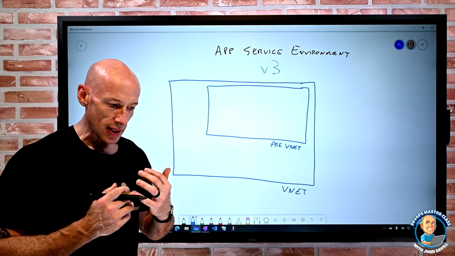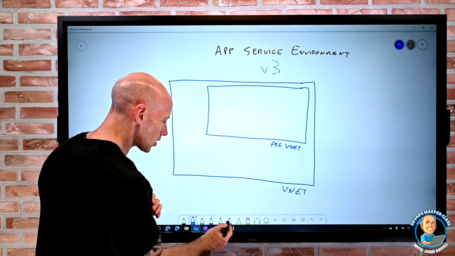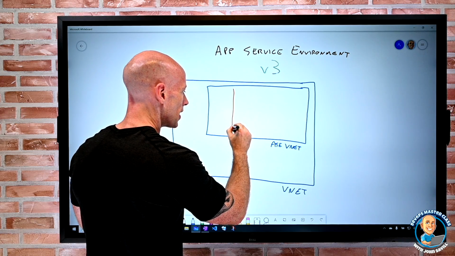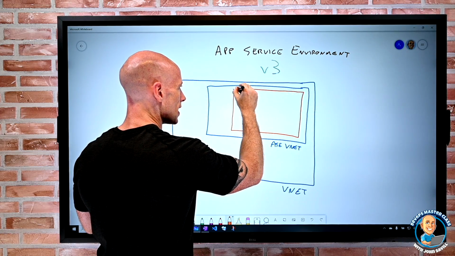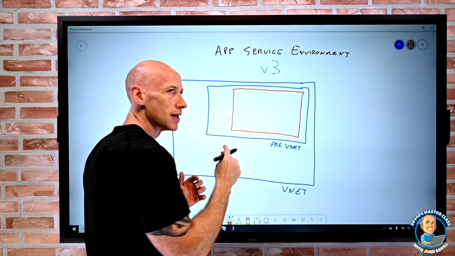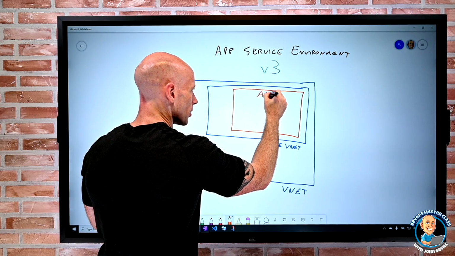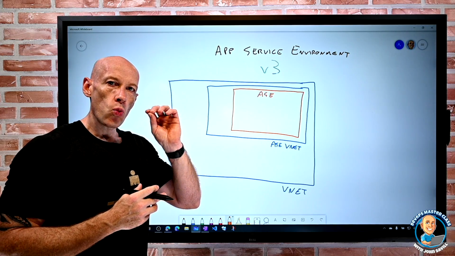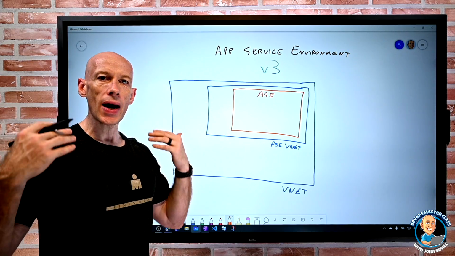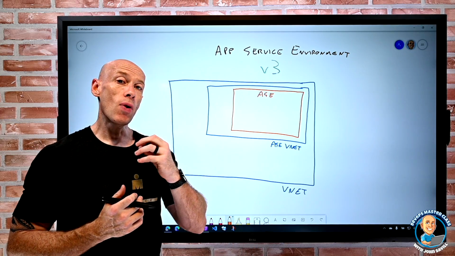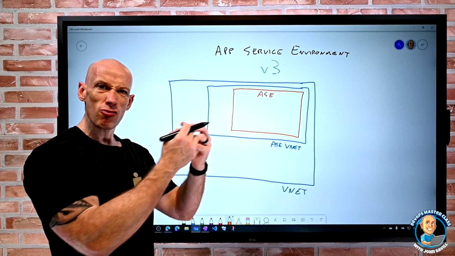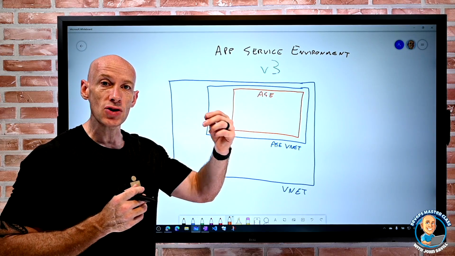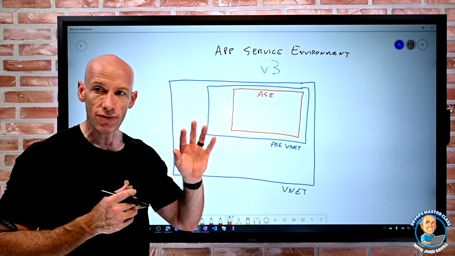Now the way this works is I am going to go ahead and create my ASE. So my ASE is going to live in here. And we're going to talk about some of the components in a second. But within there, this is my app service environment. So I've created an app service environment. Within the app service environment, I then deploy app service plans. The same way I would normally create an app service plan where I would specify a region I want to create the app service plan in, this time I would specify the app service environment as the target for the plan.